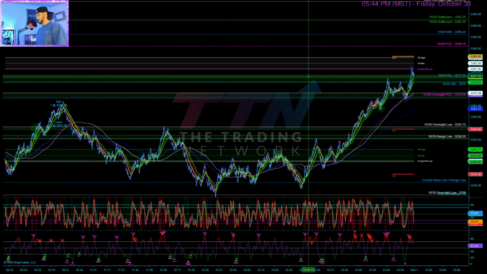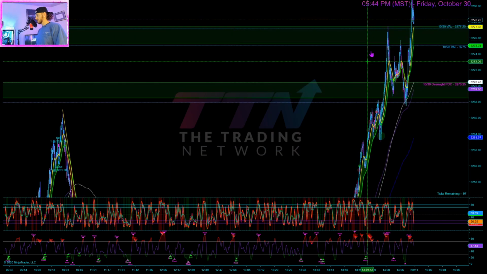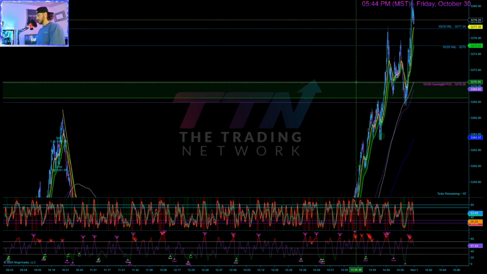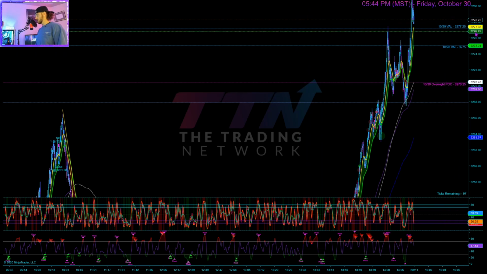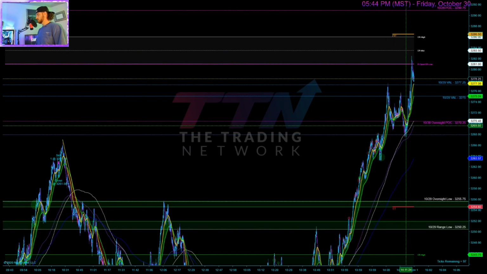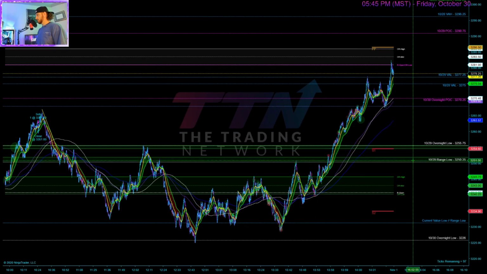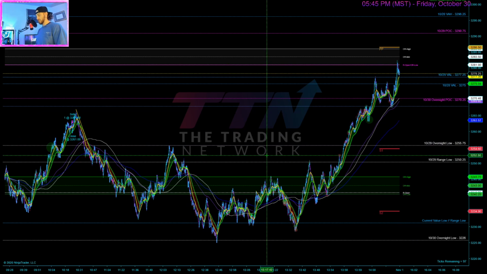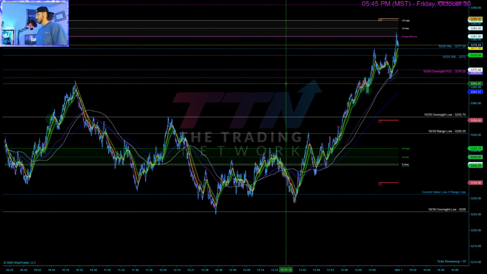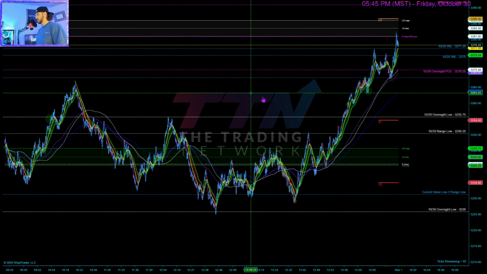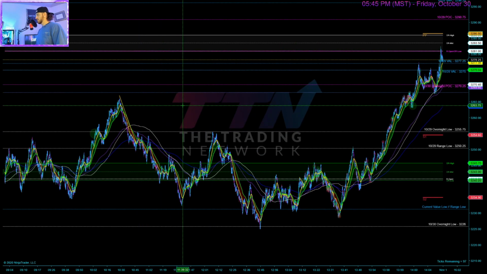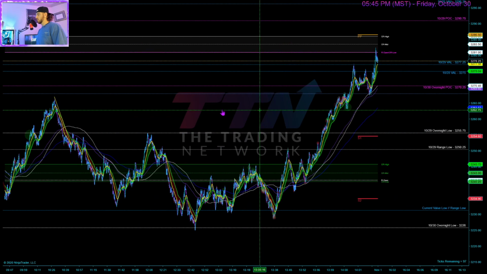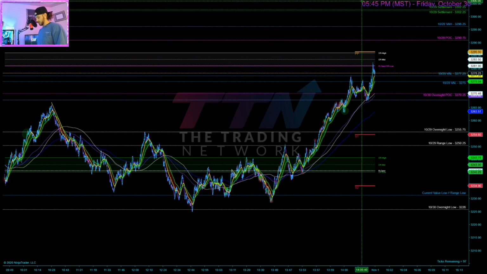So you can see here, especially if I remove these zones that I have drawn, just so you guys can see the profile levels a little bit more clearly, it's pretty obvious how much reaction these levels are going to get on a daily basis once you start plotting them and once you start watching the reaction for yourself.